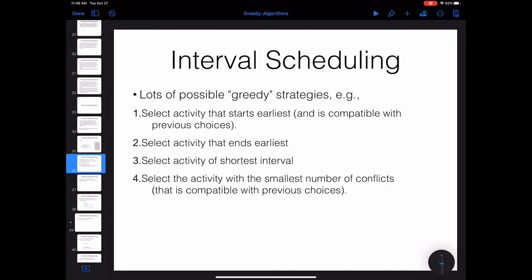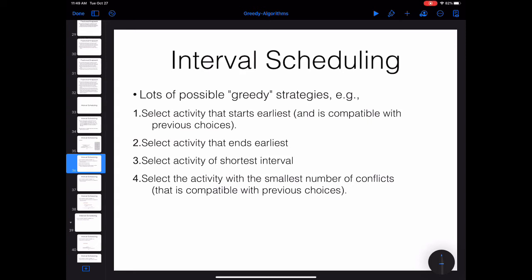I have written actually a couple of them here. There are more. This problem is a very famous problem to discuss in the greedy algorithm part, and you can write many different strategies for this problem. I have just written 4 of them here for you.